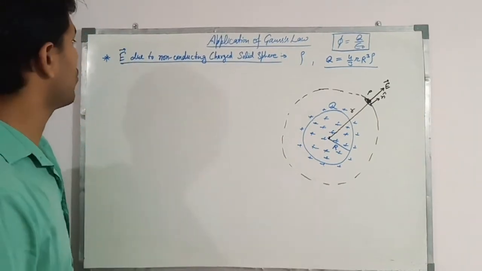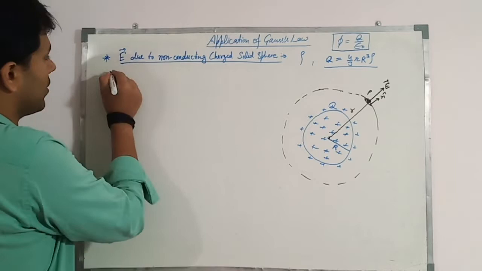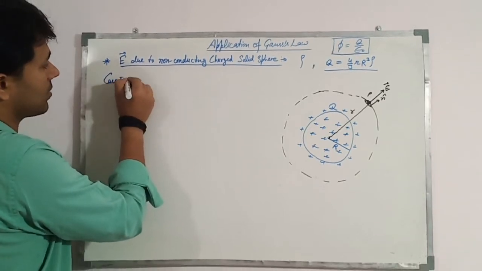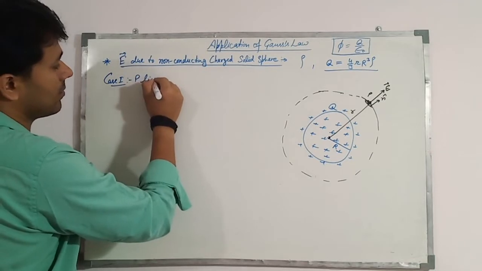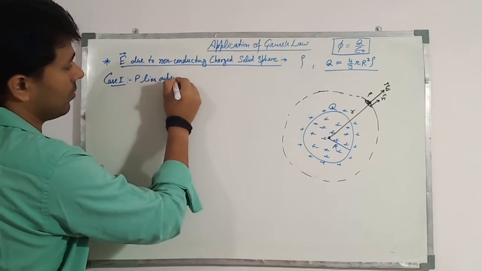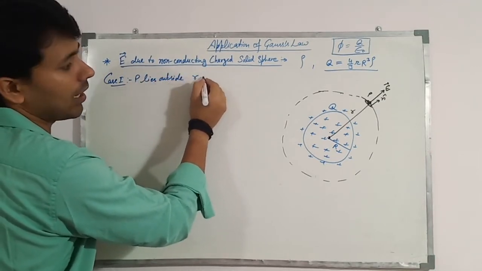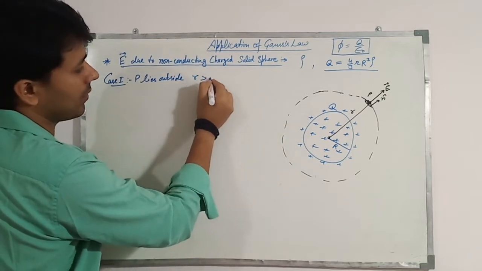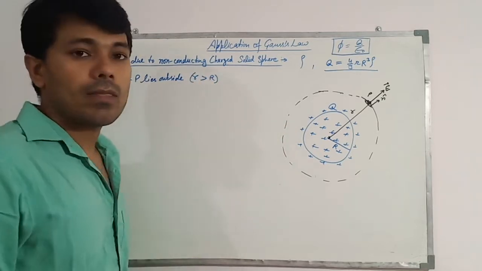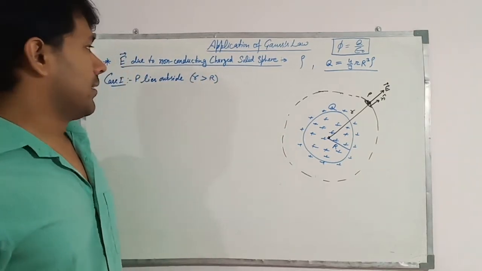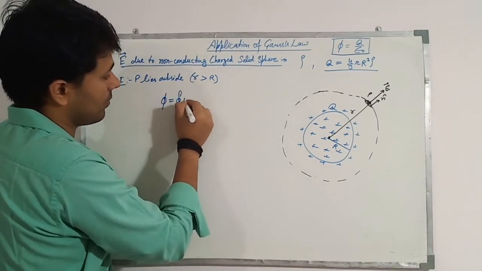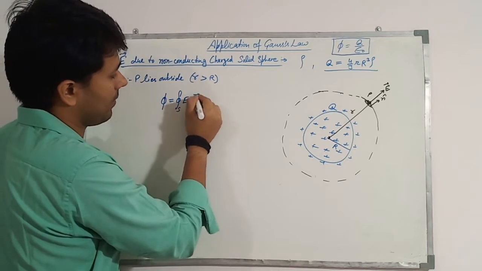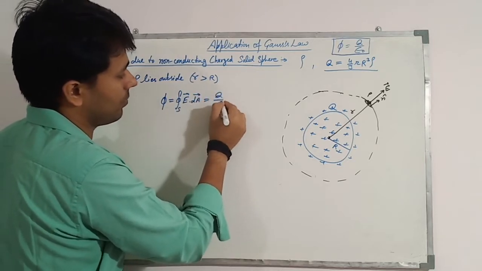Then according to Gauss's law, case first is when P lies outside, or r is greater than capital R. According to Gauss's law, the closed surface integral of E dot dA is equal to Q upon epsilon naught.